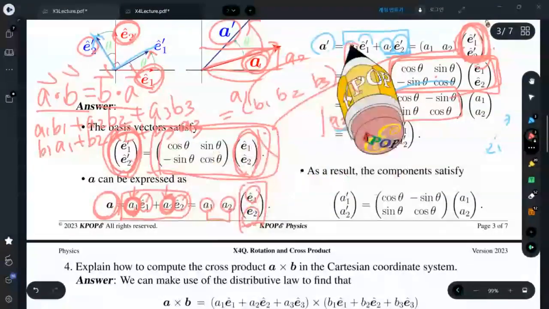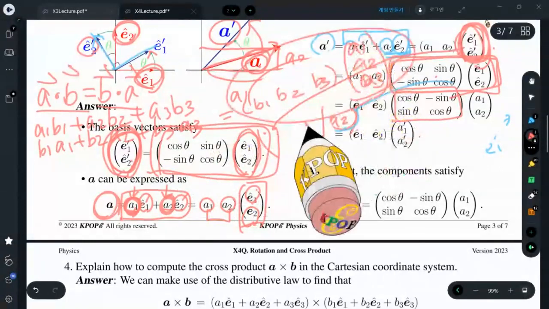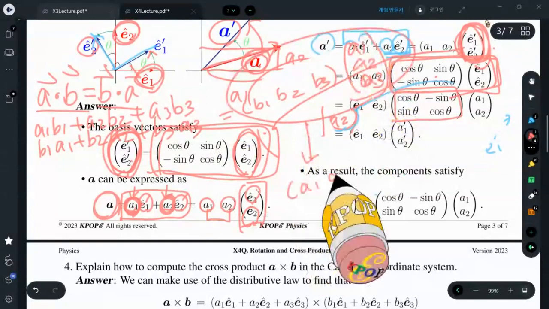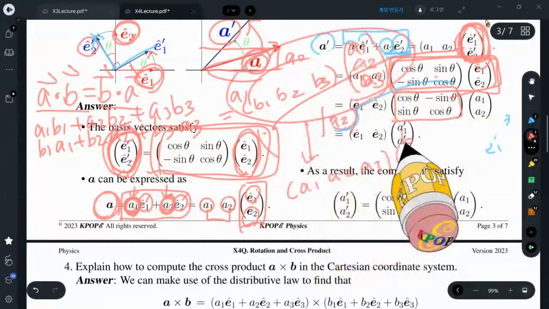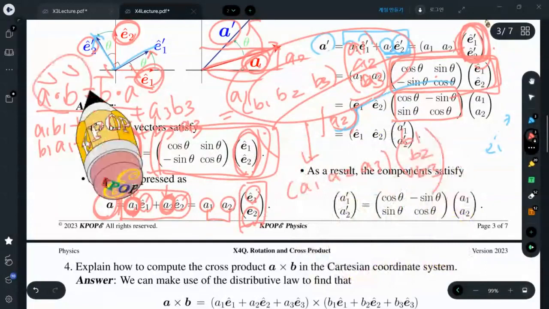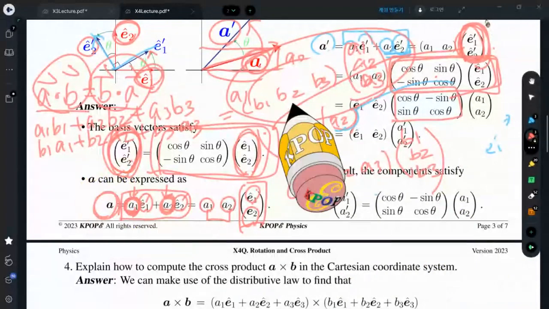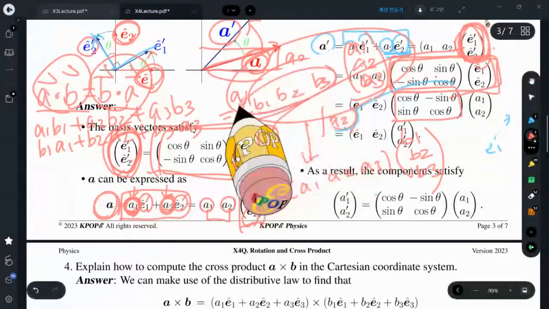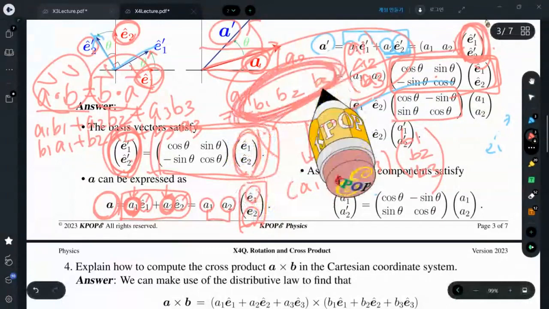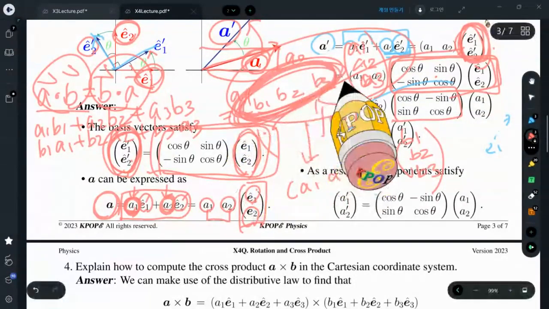A stands up. This is identical to A1, A2, A3, and B1, B2, B3. Why? Scalar product is commutative. As a result, we exchange, what's that? Just let it stand up. If this guy stands up, they exchange the order.